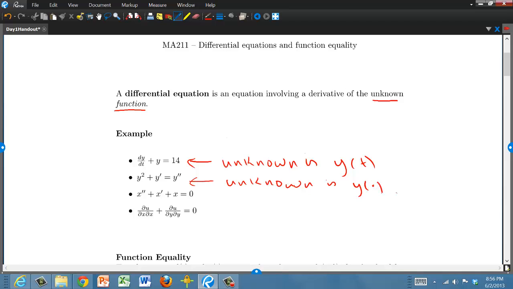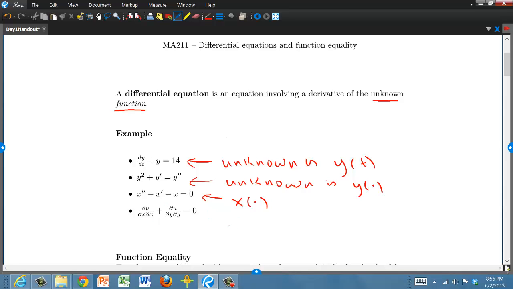So I'll just put a dot there. It's y of something. Here, the unknown is the function x, and it's a function of some variable, probably t, but whatever, I use the prime notation again. So once again, I don't really know the name of the independent variable.